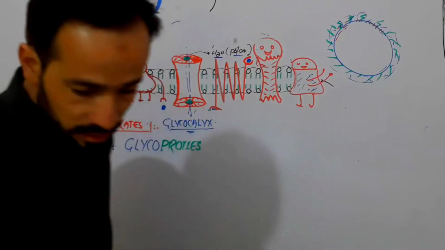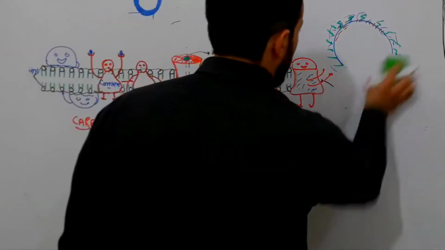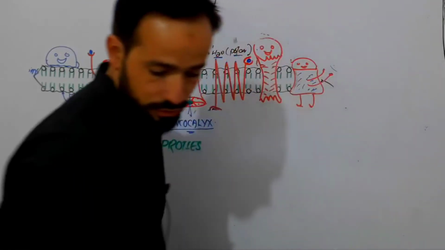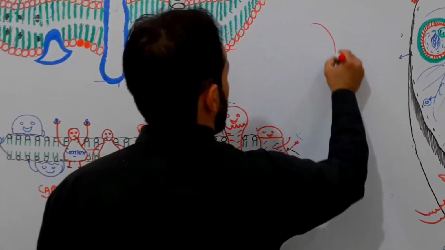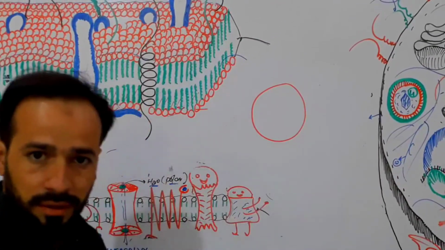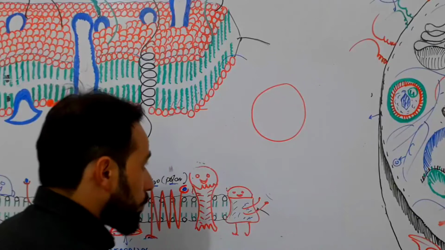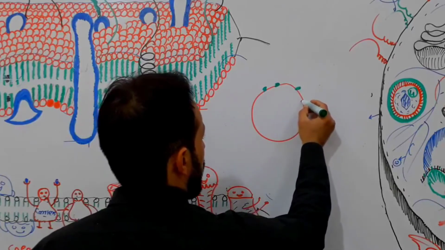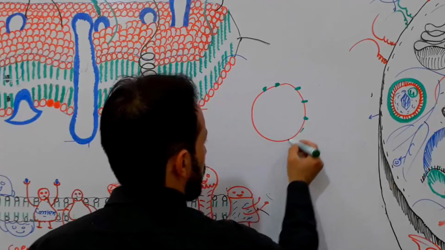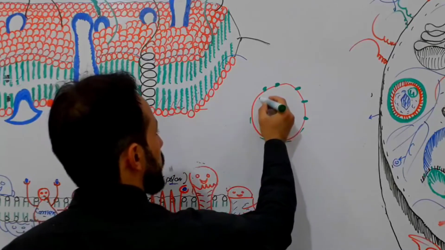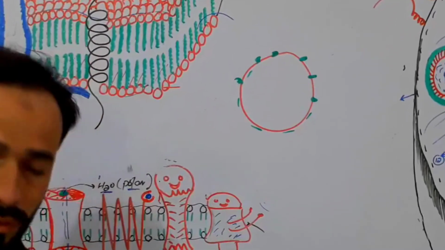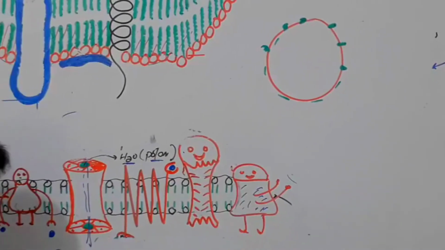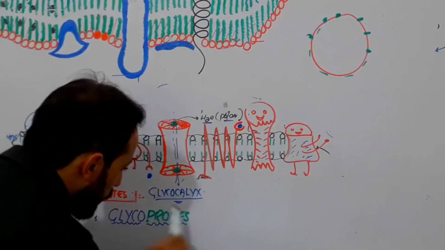Let me draw a diagram here so that we clear the terms that should be understood. This is a cell and this is the cell membrane. In this cell membrane we have some integral proteins and some peripheral proteins also. Glyco means carbohydrates, and proteins means proteins.